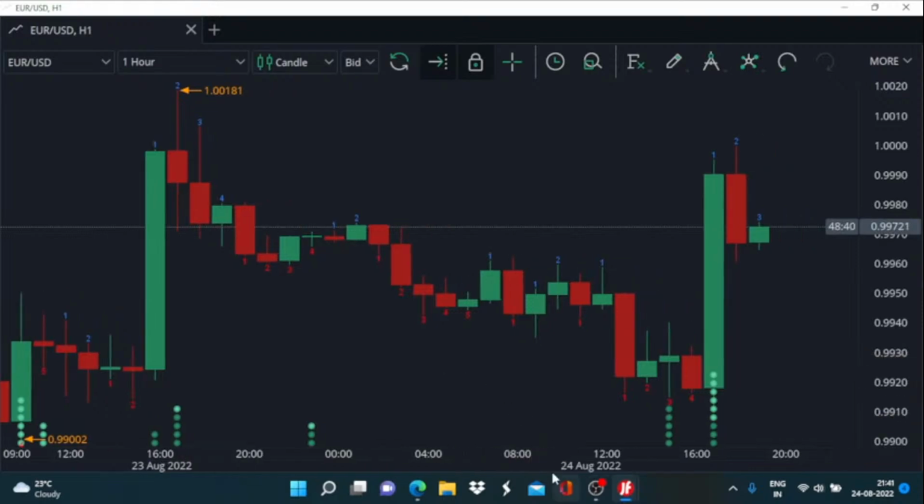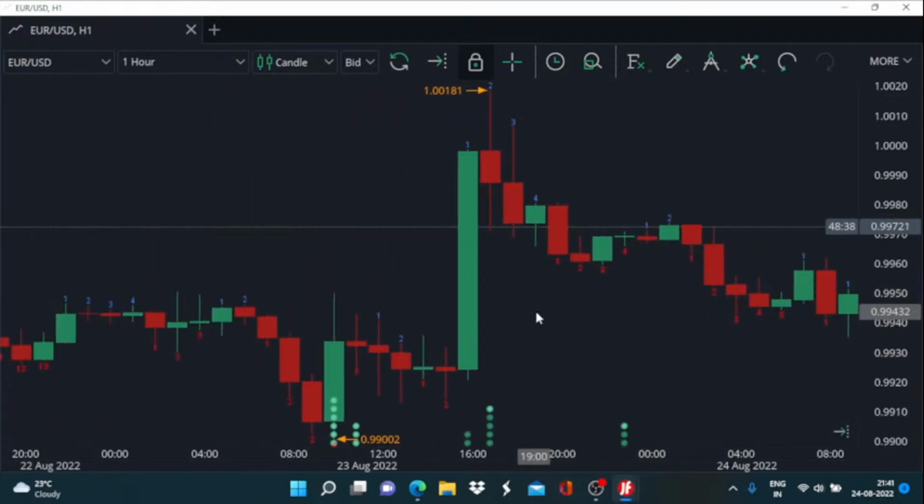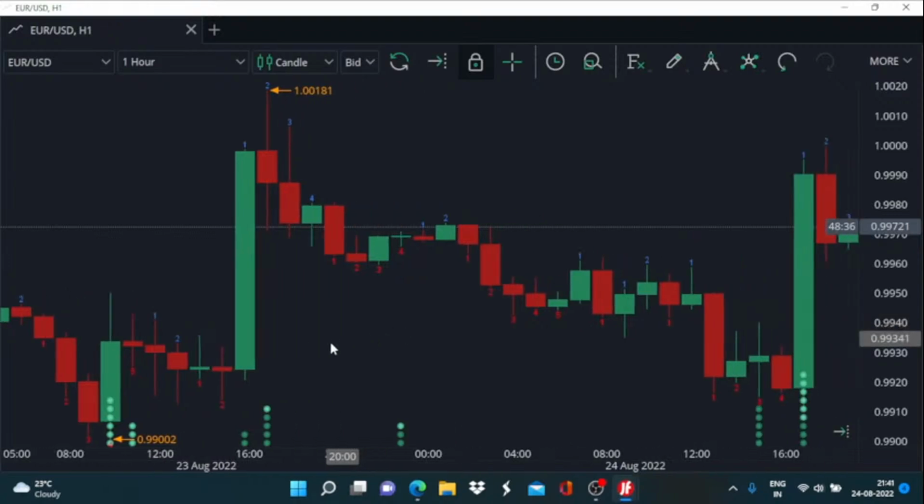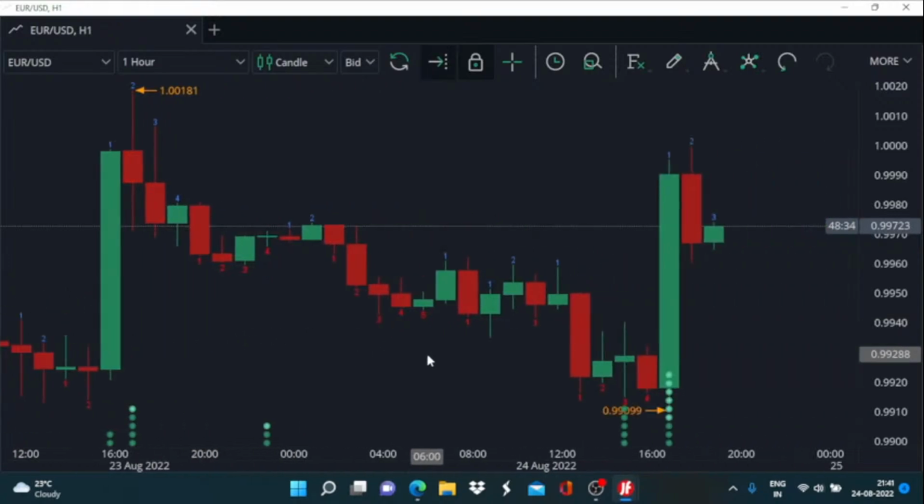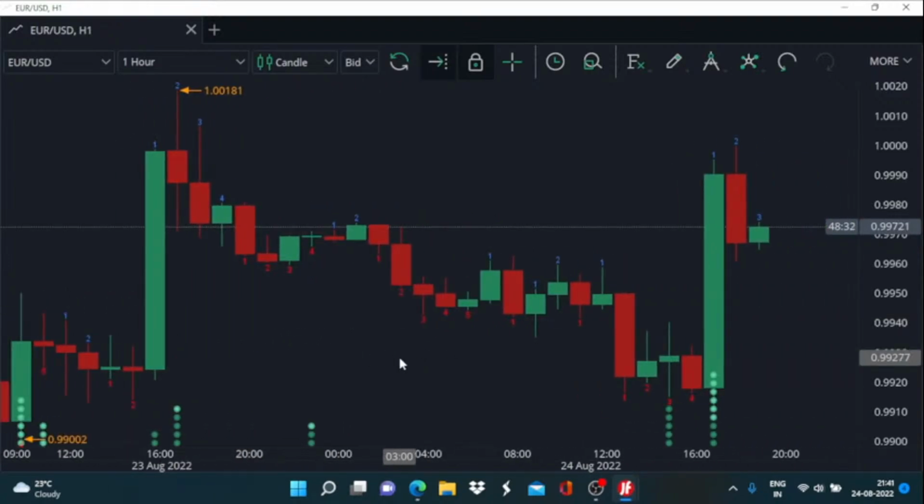It is the numbering system, and it starts from 1 to, then you can say that it can go to infinity, but we don't really get such kind of moves in the market where we will have a single trend, whether it is up or down, remaining all the time.